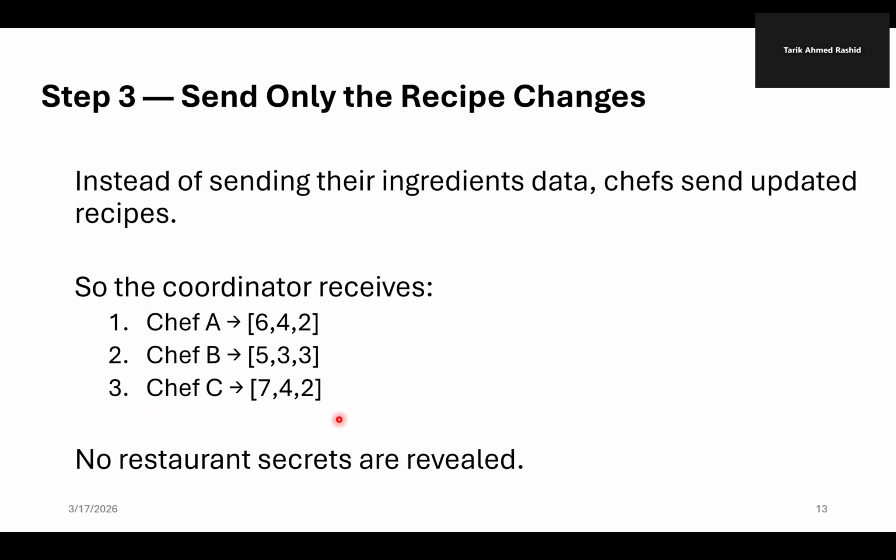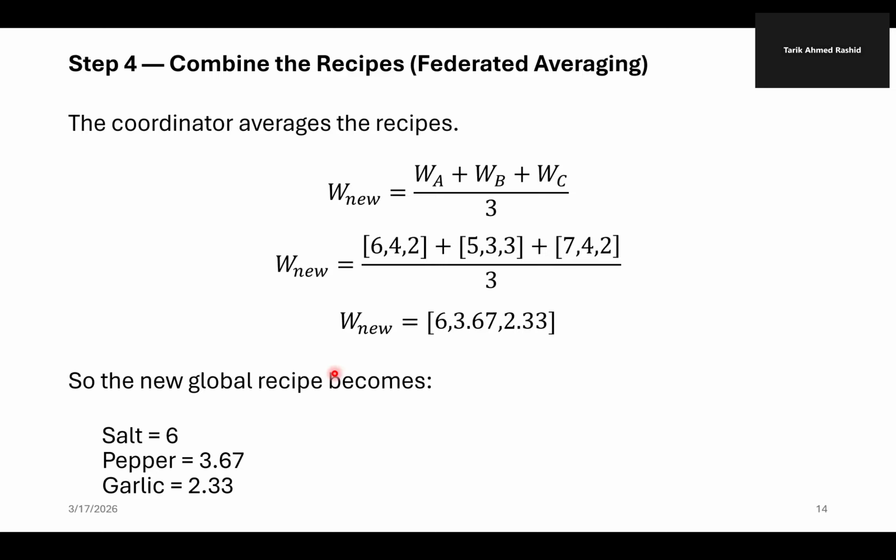There will be no secrets, no revealing anything about the restaurant. They'll be sent to the server, and the server will aggregate them, and we will have a new update, a new matrix, which will be sent back to each device to retrain the model again, and so on.